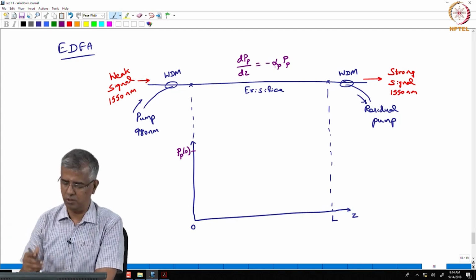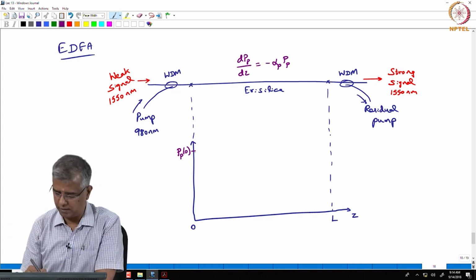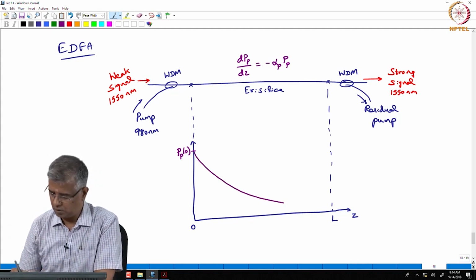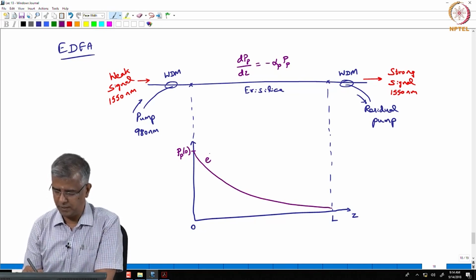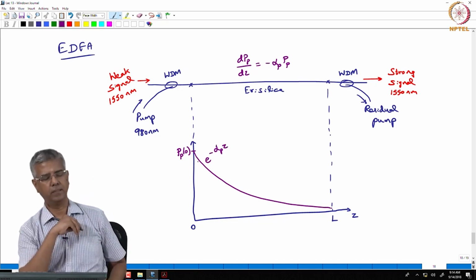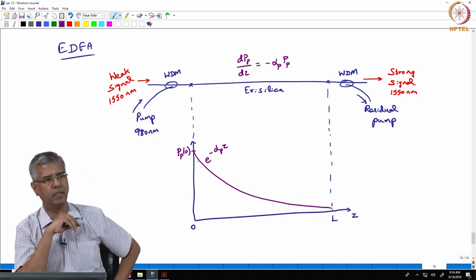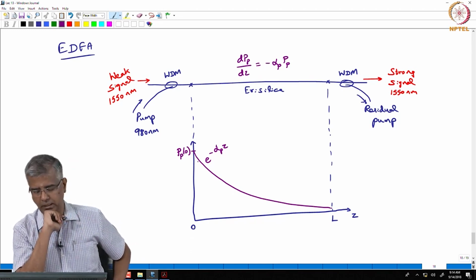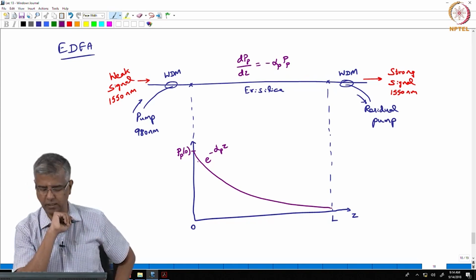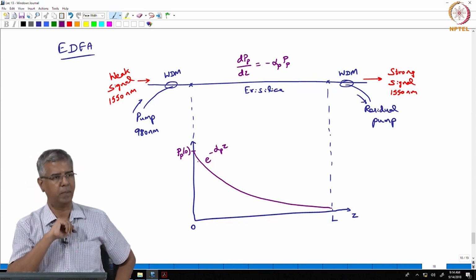It should be an exponential. So, it is getting exponentially decaying, given by exponential of minus alpha_p multiplied by z.